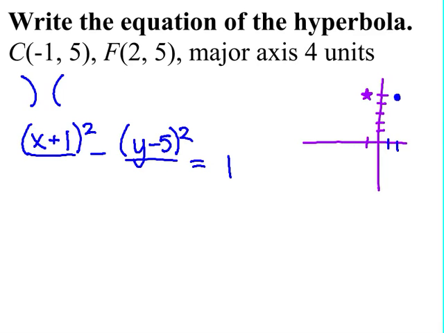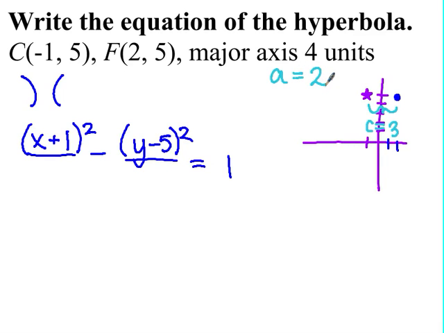Now we need to figure out what A and what B are. First of all, this distance here is what? C. And I know that C is 3. They also give me a little bit of information. They say that the major axis is 4 units. So that tells me that A is 2. Why is A 2?